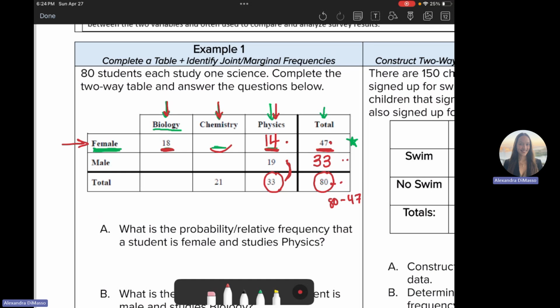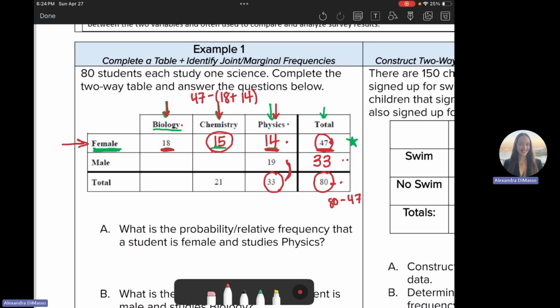So to figure out how many are left over in chemistry, I'm going to take those numbers, biology and physics, and subtract them from 47. So I'm going to do 47 minus both biology and physics. And so in total, I will get 15.